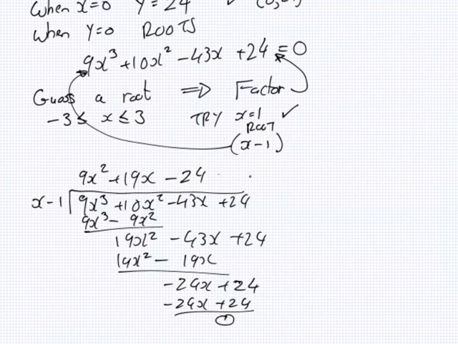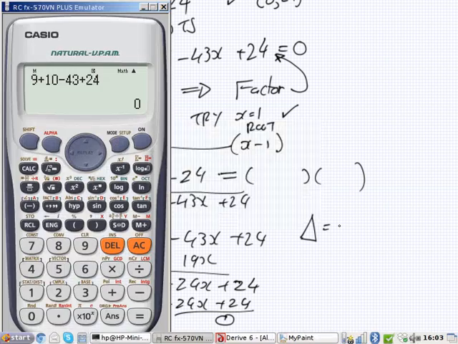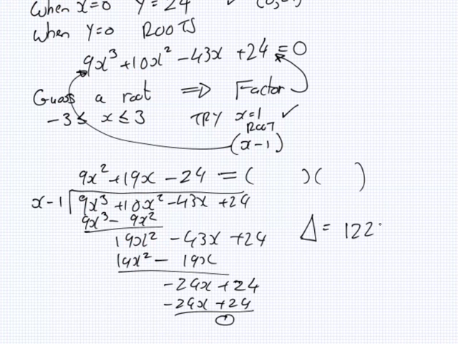So, can I factorize this and get the other two factors? I don't know. Let's do a quick check. Discriminant is b squared minus 4ac. This looks good. Okay, so does this have solutions?